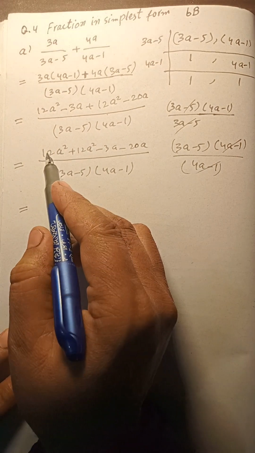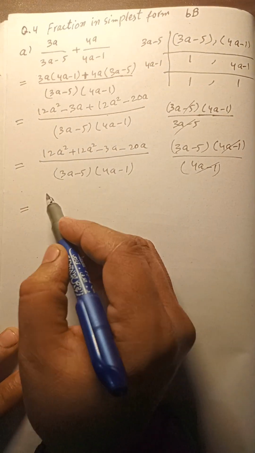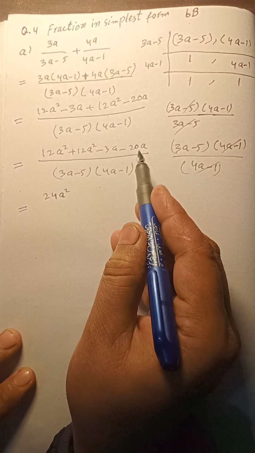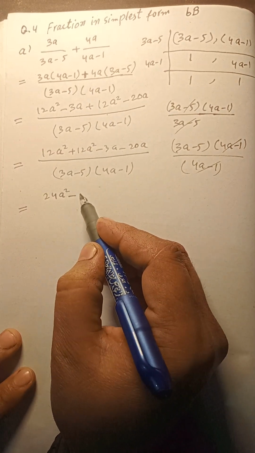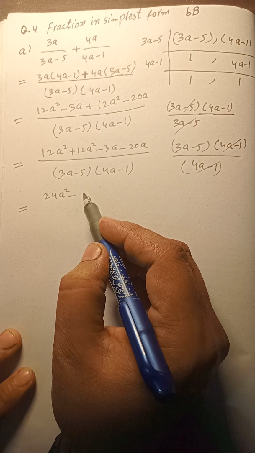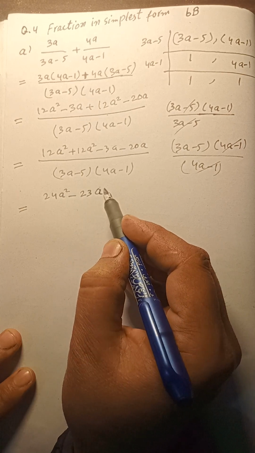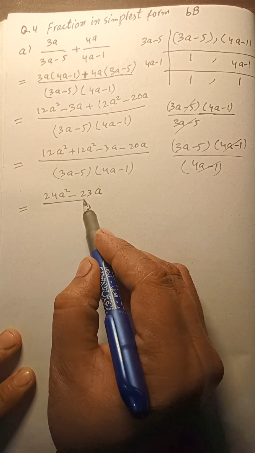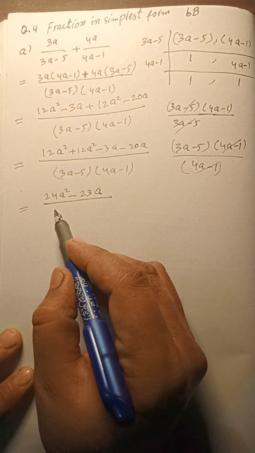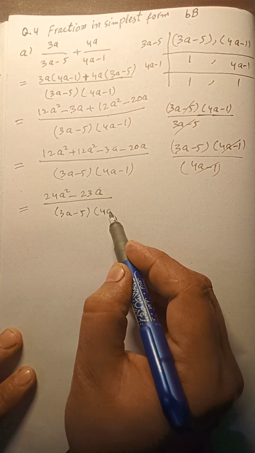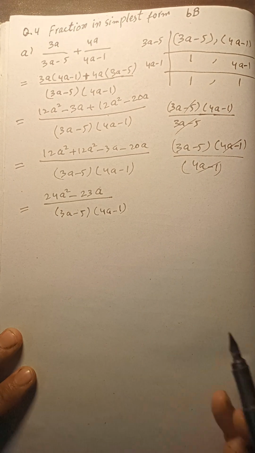Now you know that 12a square plus 12a square will become 24a square, and minus 3a and minus 20a both are the same sign. We will add same signs. It will become 23a, and in the denominator 3a minus 5 into 4a minus 1.